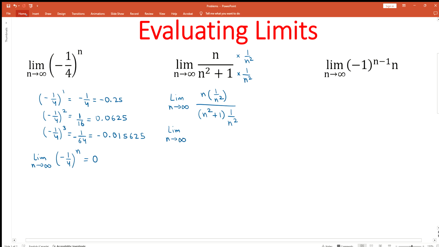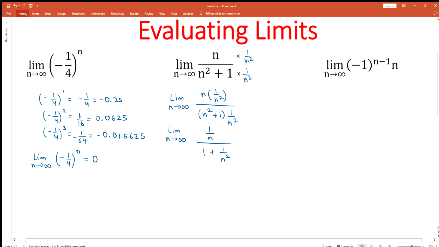In the numerator, n times 1 over n squared is equal to 1 over n. In the denominator, we can distribute 1 over n squared into the parentheses. We should multiply both terms in the parentheses by 1 over n squared. N squared times 1 over n squared is equal to 1. And 1 times 1 over n squared is equal to 1 over n squared.